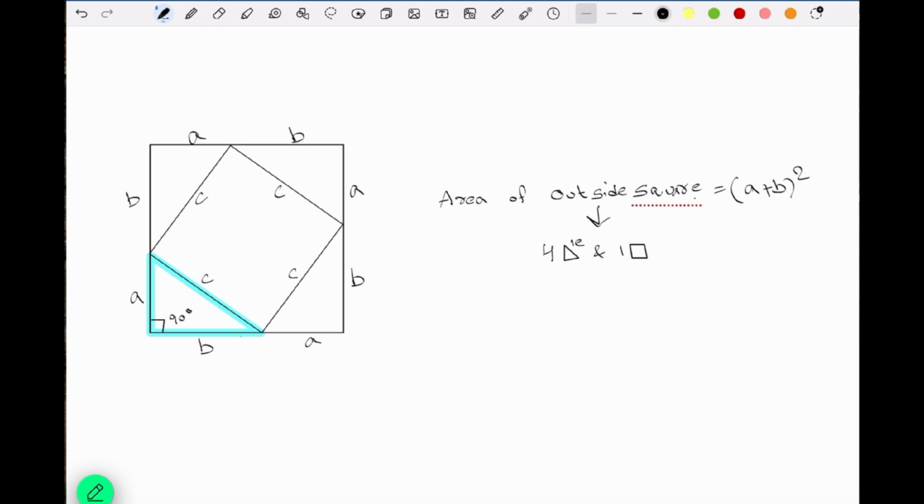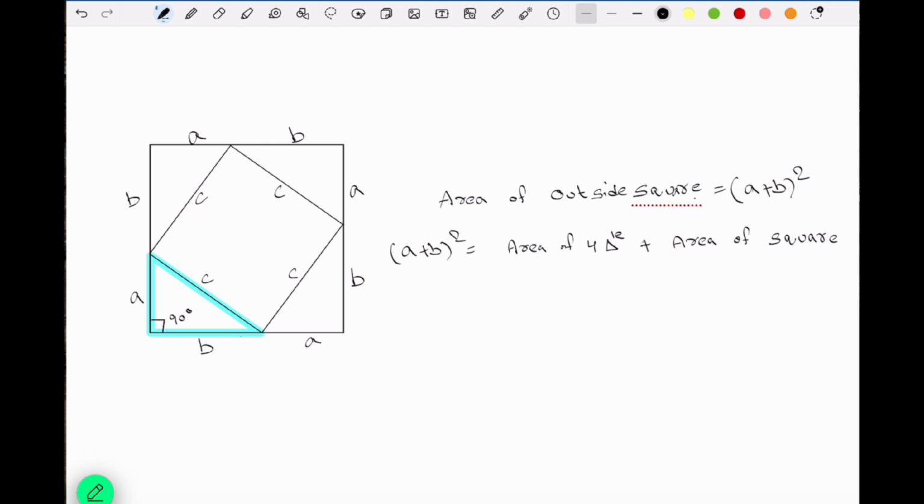So the area of the outside square should be equal to the area of four right angle triangles plus one square. So let's find the area of the four right angle triangles and one square and equate it to the area of the outside square, A plus B whole square. So A plus B whole square is equal to the area of four right angle triangles plus the area of the square.